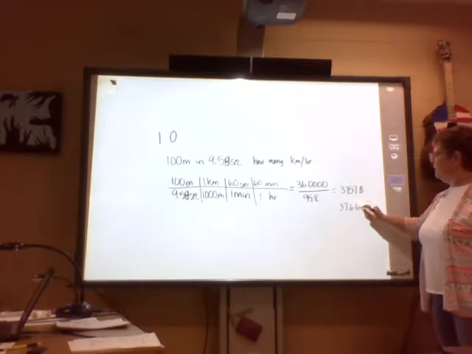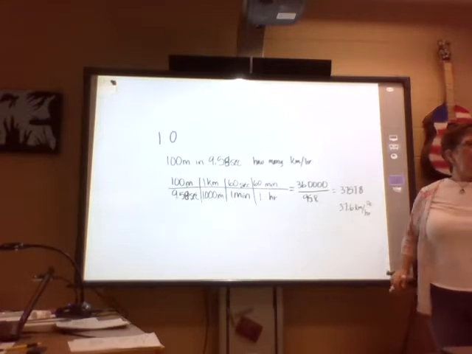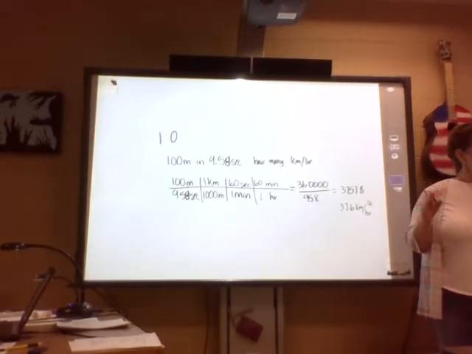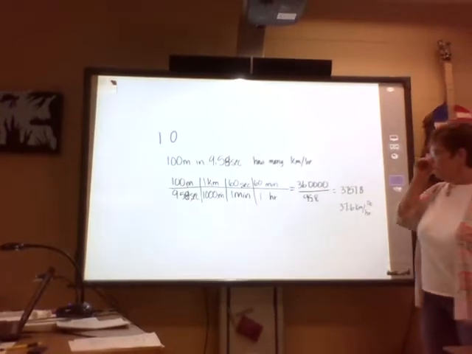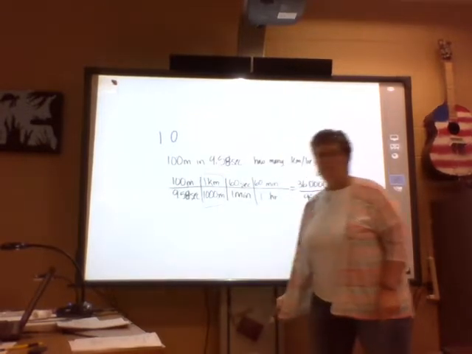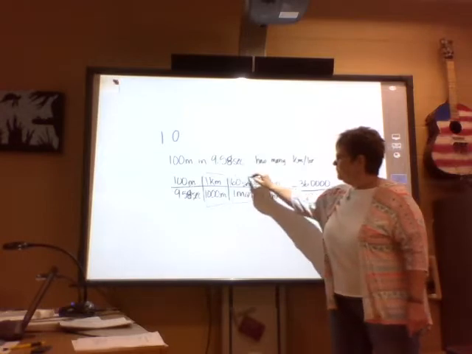Okay. So he's roughly running 37.6 kilometers per hour. Now, let's recap this a little bit. The important part is not how fast he's running in kilometers per hour. The important part is to see the process of dimensional analysis. On each one of these, are these two the same thing? Yes.